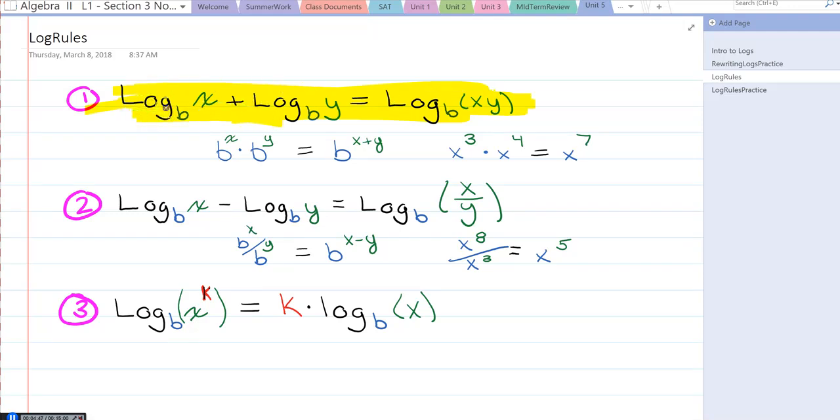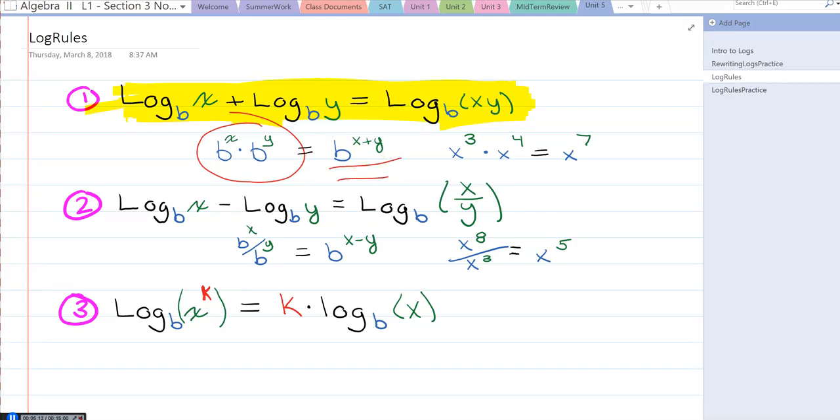So if I add logs with the same base, I can combine them and multiply their arguments. Now, where does that come from? Where the heck did they get that? If you think back to when we worked with exponents, if I'm multiplying something with the same base, I can just add the exponents.